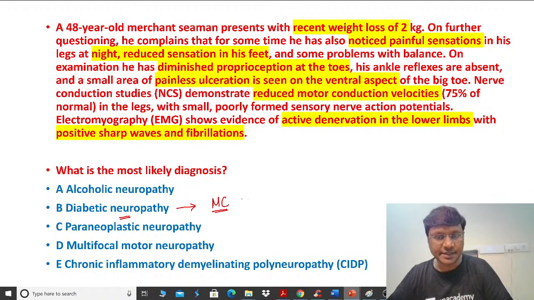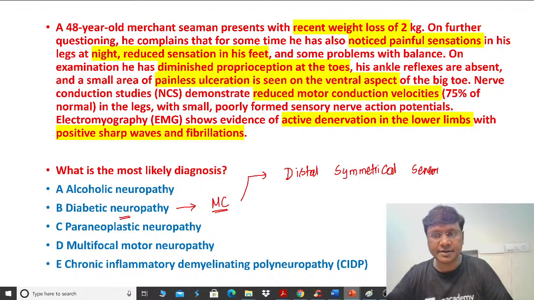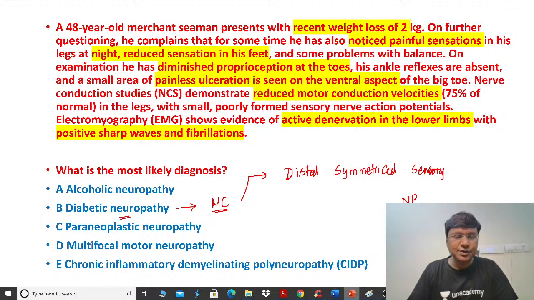The most common type of diabetic neuropathy is distal symmetrical sensory neuropathy. This is the most common type of the neuropathy.